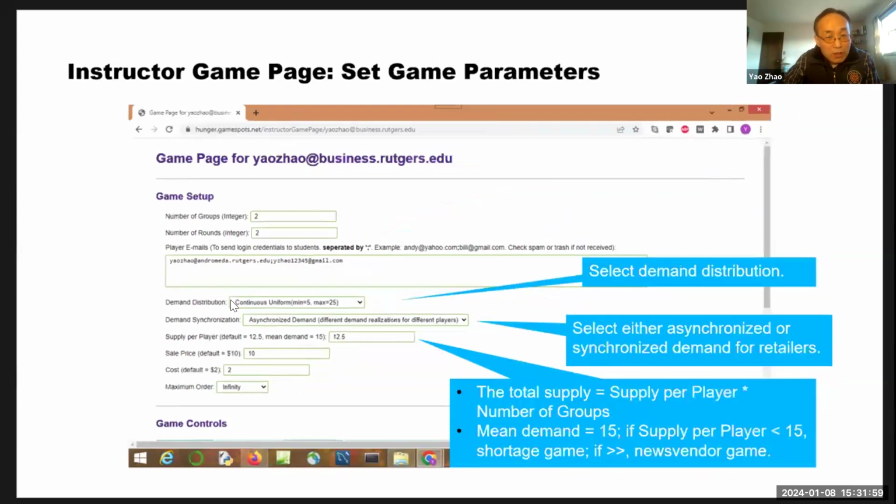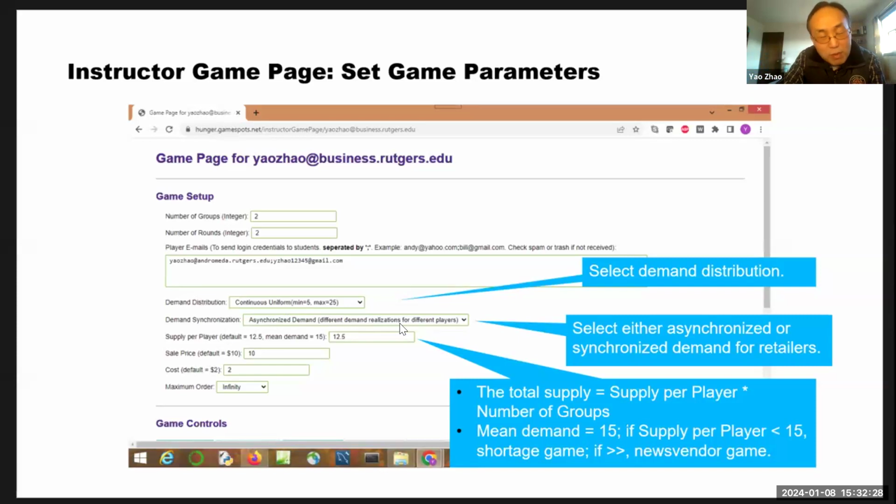And there are a few other parameters to set up for the game. Demand distribution: we have several choices you can select, for example, continuous uniform, which is simplest, or discrete normal, continuous normal, and so on. And we have demand synchronization. That means, do you want all the students to see the exact same demand realization or not?